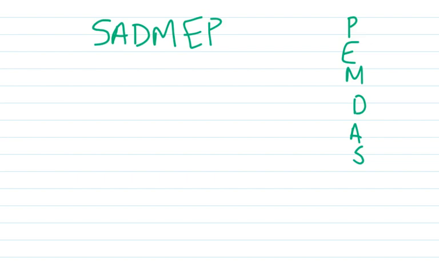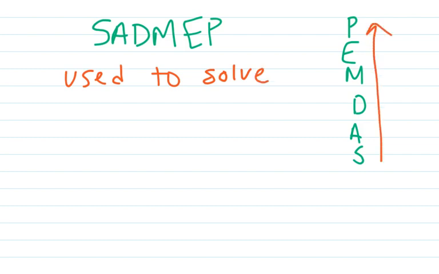So SADMAP is used when you are solving. And pretty much all of Algebra 2 talks about solving, okay? It is pretty rare that we're going to go back to PEMDAS because we are usually solving in Algebra 2.